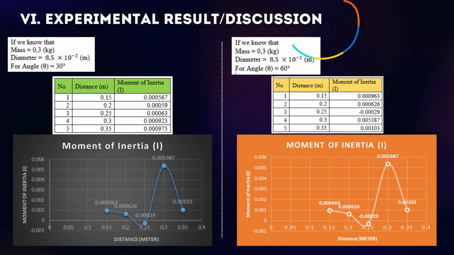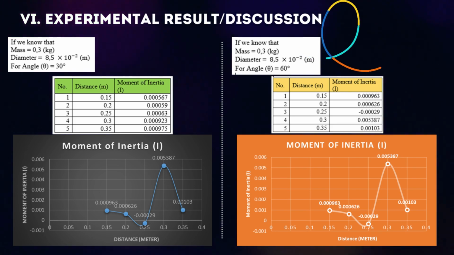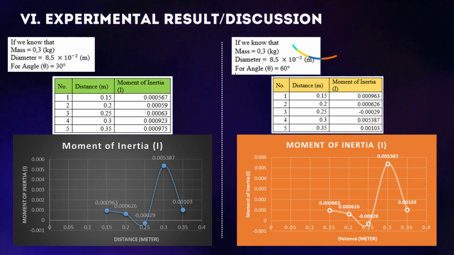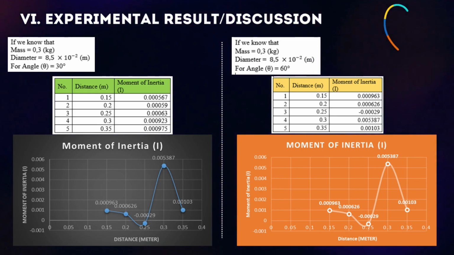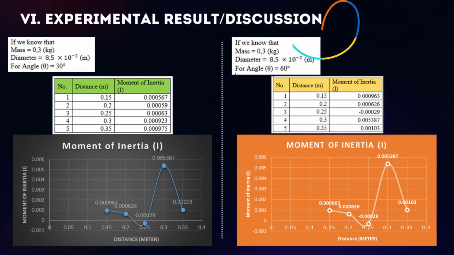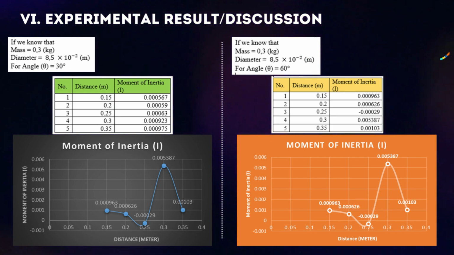In the first experiment, the mass is 0.3 kg, the diameter is equal to 8.5 times 10 to the power of minus 2 meters, and the angle is 30 degrees. We get the moment of inertia as shown in the table and graph.